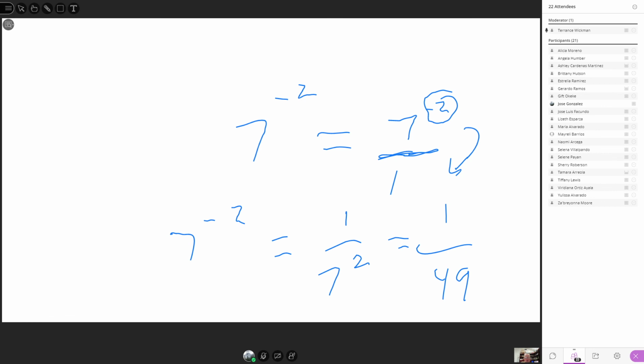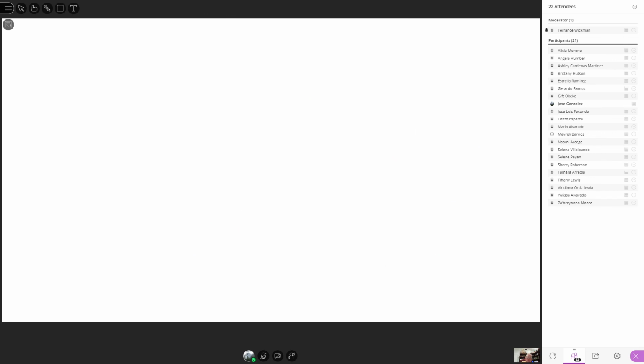Everybody see that? You cannot have a negative exponent. It's on your test. So if I have 3 to the negative 3 power, what does that equal? Well, that is in fact equal to 1 over 3 cubed, which is equal to 1 over 27. Does that make sense?